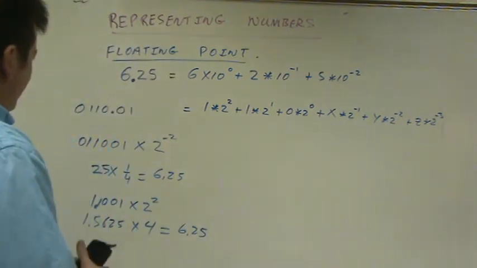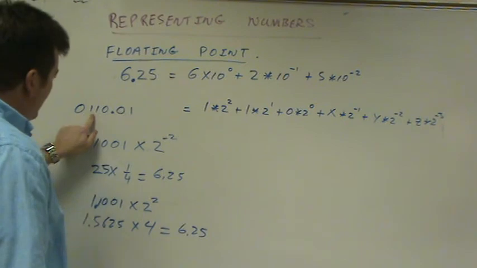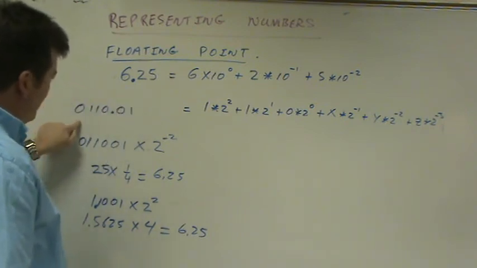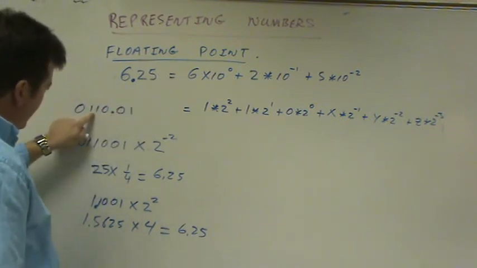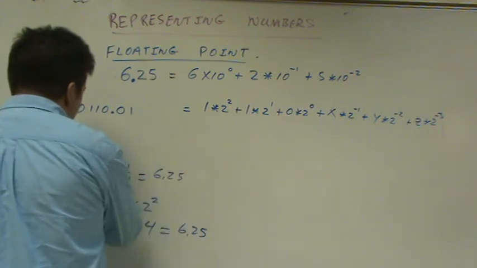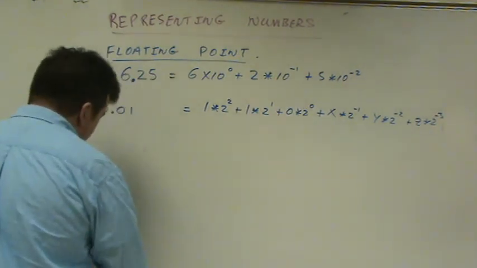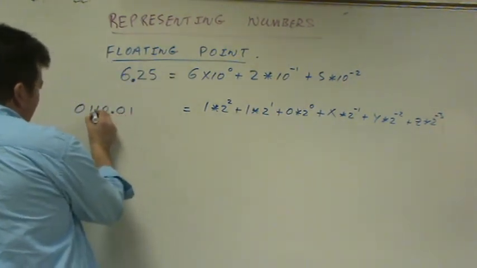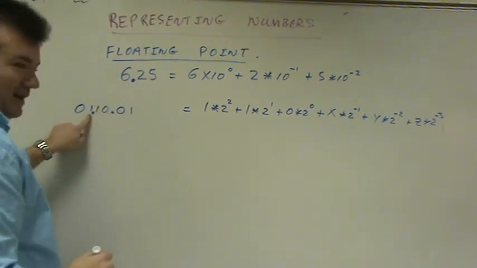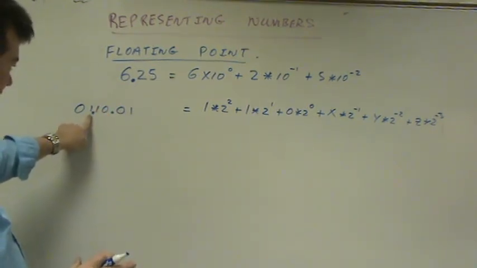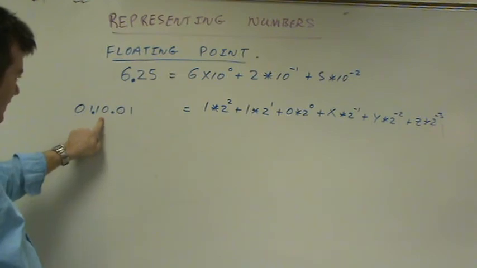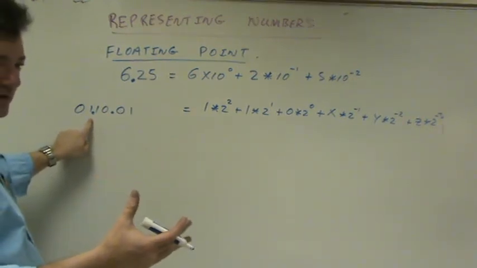So what they decided to do was, you're going to have a bunch of bits. They're going to move the decimal to the point right after the first one, whatever that may be, and they're going to keep track of how many hops it was, so we know what the exponent is.